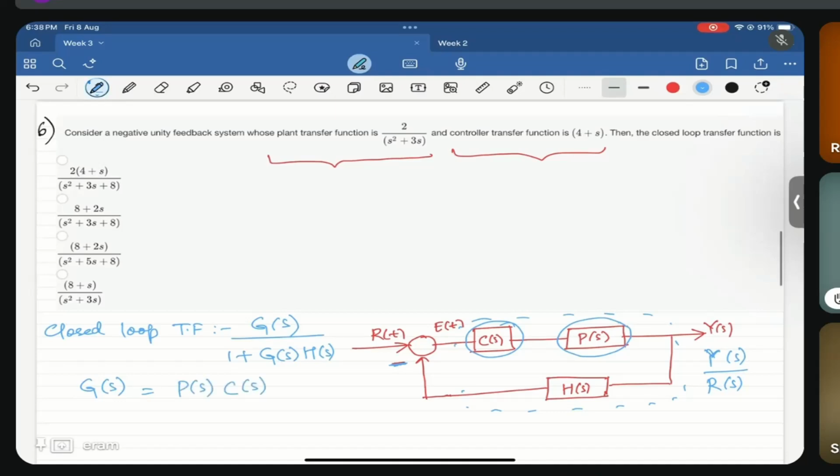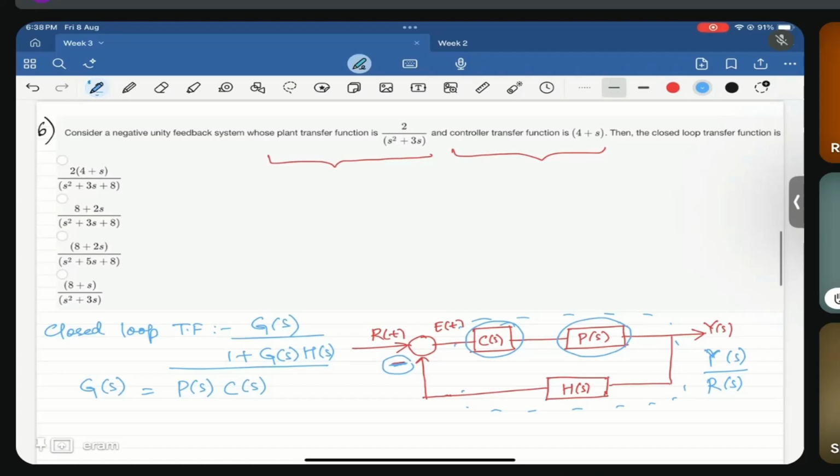The plant transfer function multiplied with the controller transfer function, generally we call it G(s). So first we have to calculate G(s), and then we can calculate the closed loop transfer function with unity feedback.